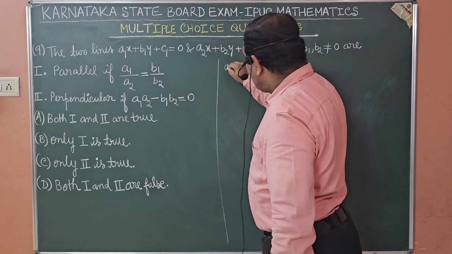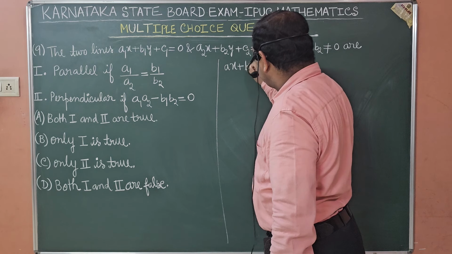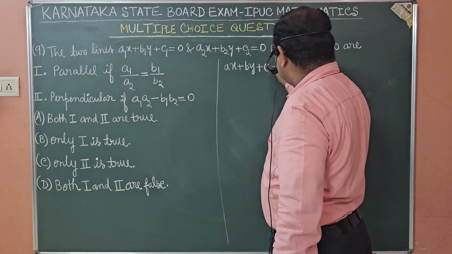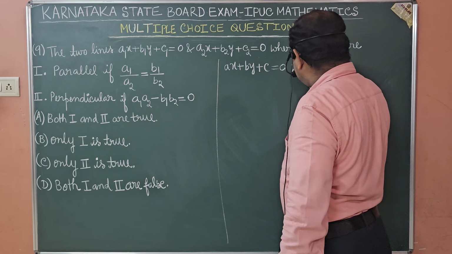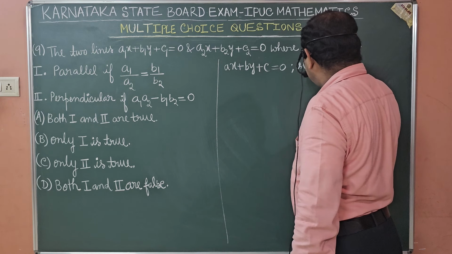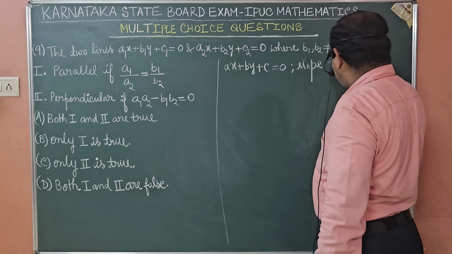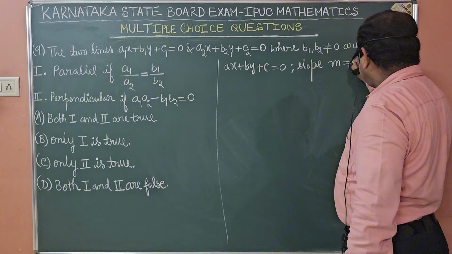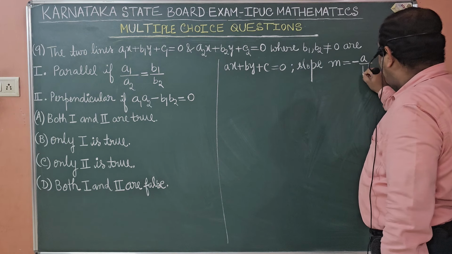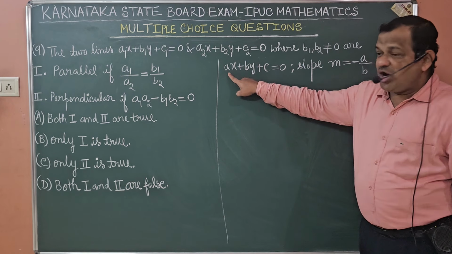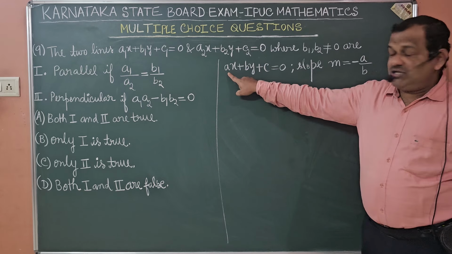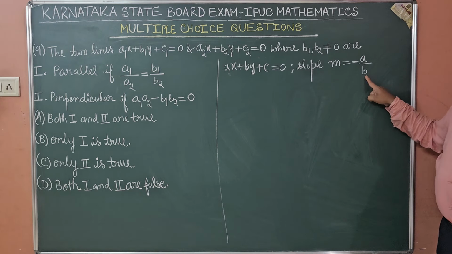If any straight line is given, ax + by + c = 0, then its slope is m = -a/b, that is, minus the coefficient of x divided by the coefficient of y.